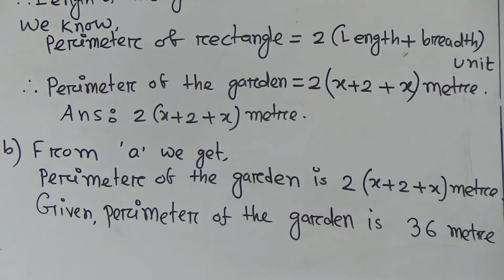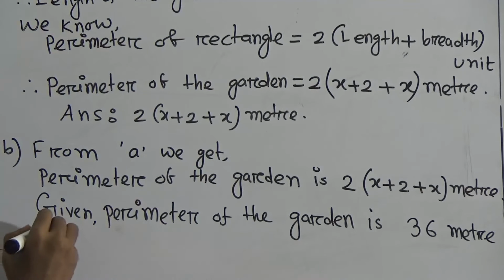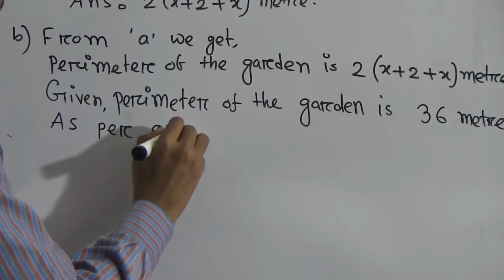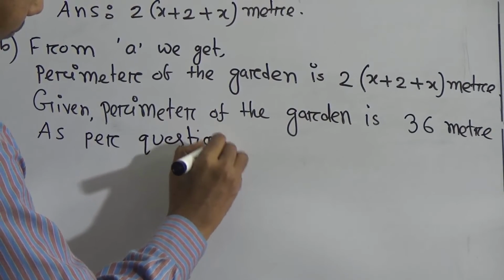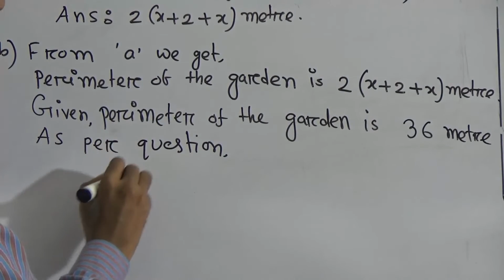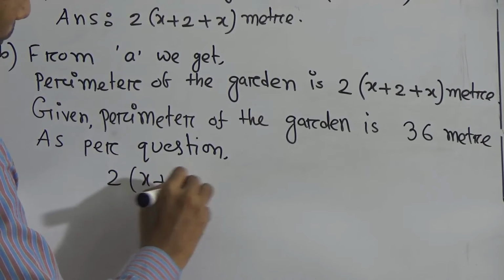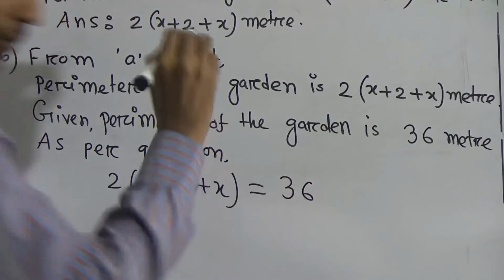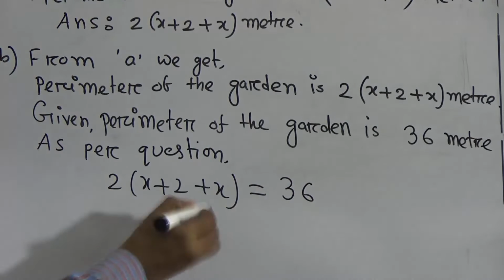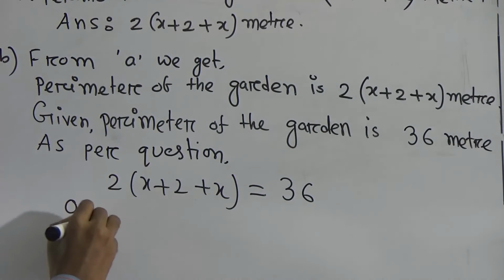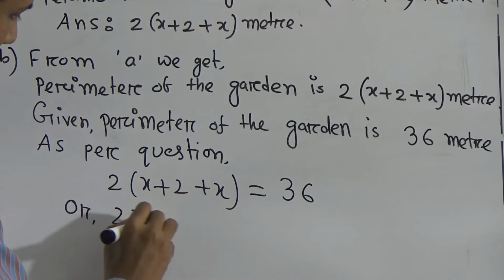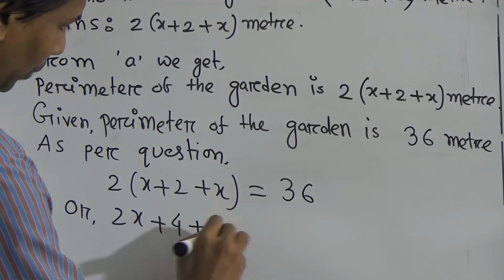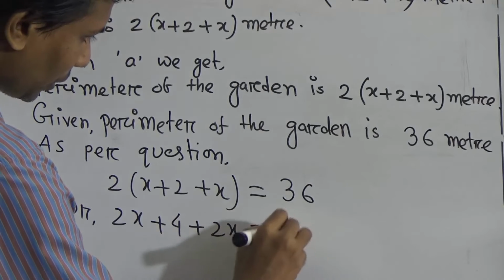For this reason we can write as per question, 2 into x plus 2 plus x equal to what? Equal to 36. Okay. Now we have to multiply 2 into x, that means 2x, 2 twos are 4, plus 2 into x, that means 2x, equal to 36.